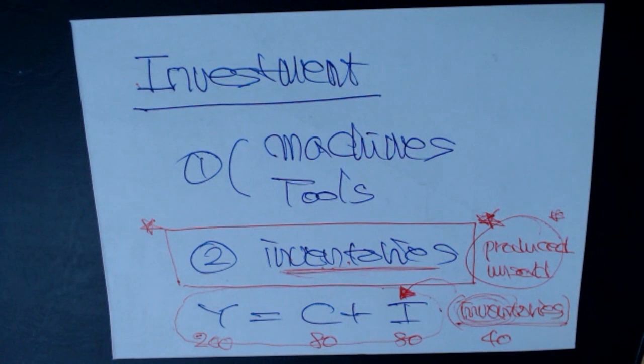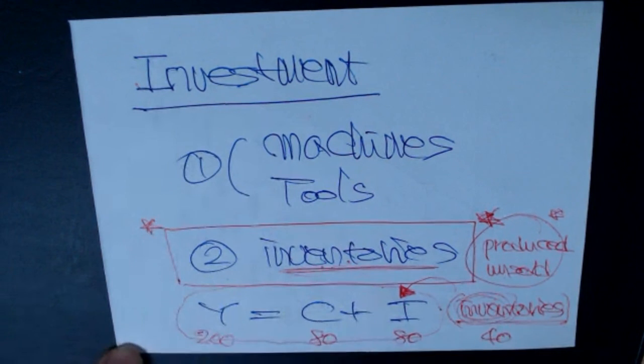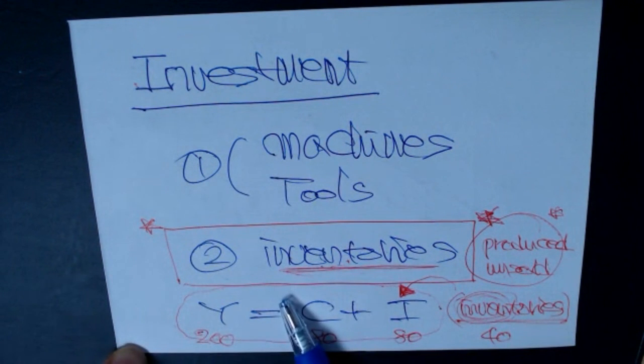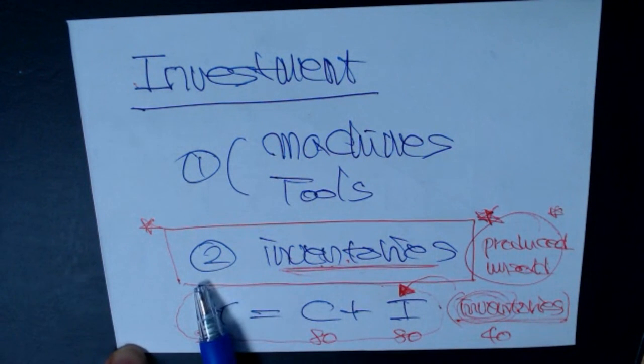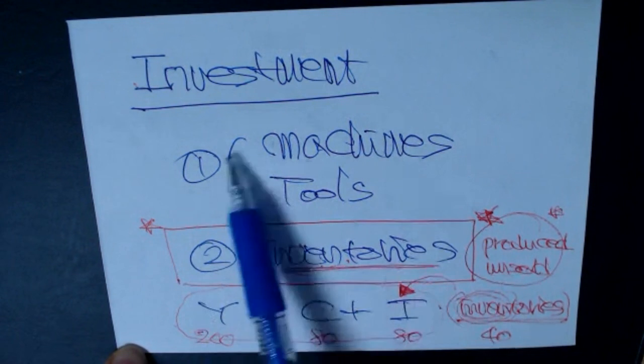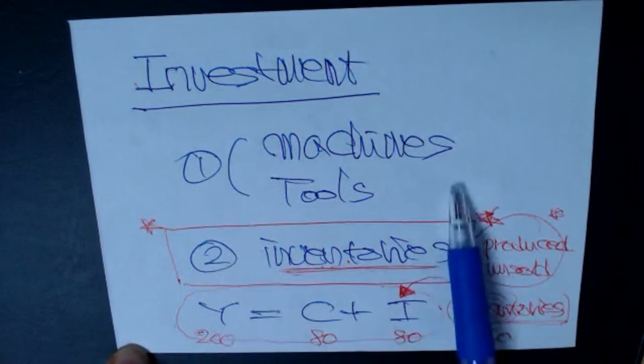Is that satisfactory? So total amount of investment is not affected because total amount of investment is composed of mainly two things.